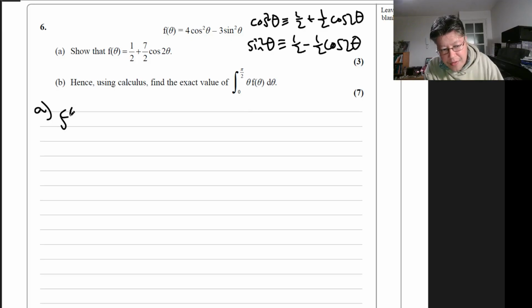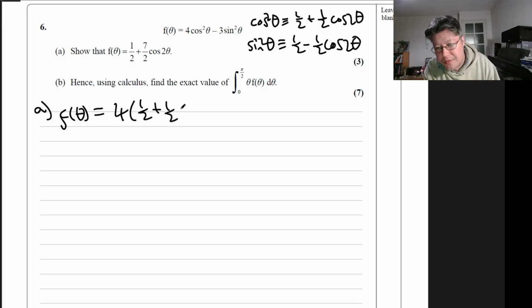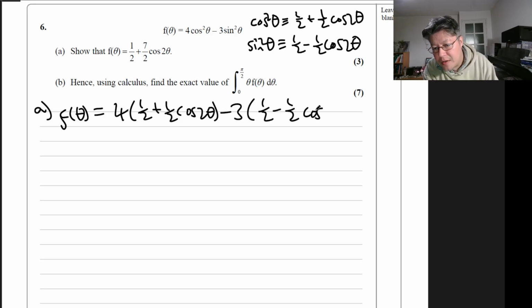So f of theta equals 4, and we replace cos squared with the identity. So half plus half cos 2 theta, minus 3, and then we have a sine squared, so we replace that with this, half minus half cos 2 theta.